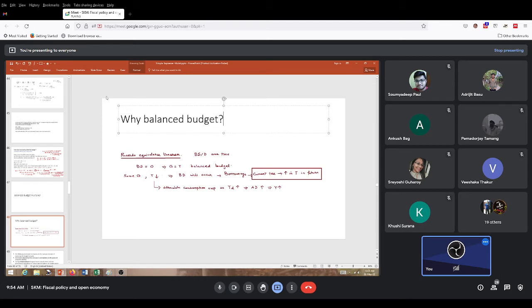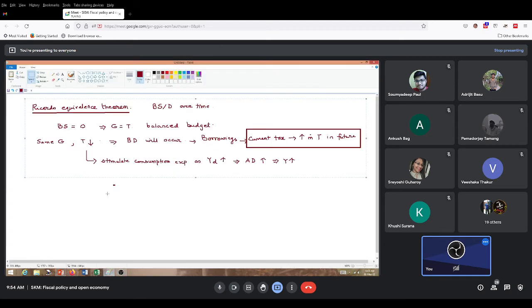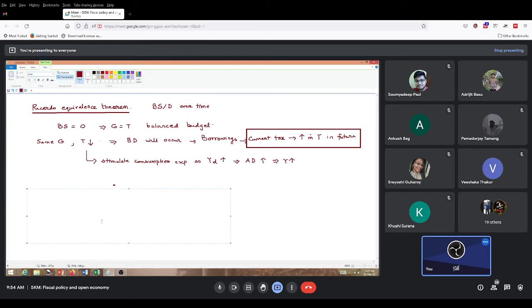So the classicals therefore argued that we should not increase the government spending, we should not change the budget surplus or deficit, but always try to balance the budget.